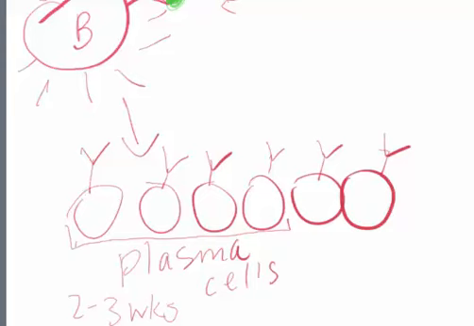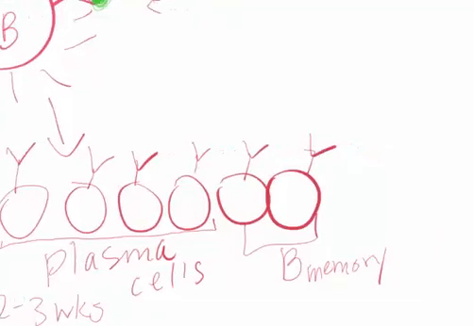The other type of B cells that are copied, a much smaller portion, are called memory B cells. And these memory B cells live with us for a long period of time, decades, in fact. And the beauty of the memory B cell is that the next time that antigen is seen, the next time that little bacteria pops up in our body, these memory B cells can be directly activated just by bumping straight into that antigen.